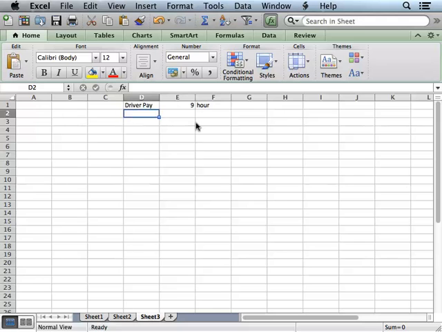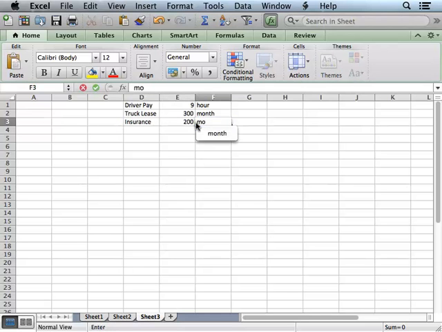The lease for the delivery truck was $300 per month. The insurance, which runs $200 per month. And finally, the number of deliveries that he thinks he can make an hour.